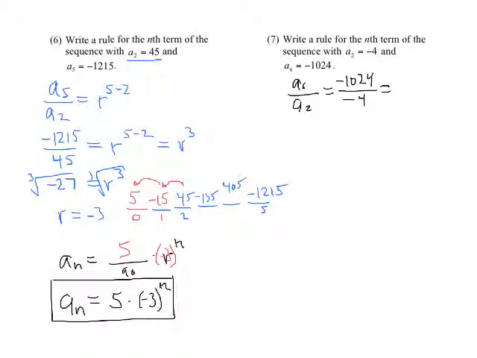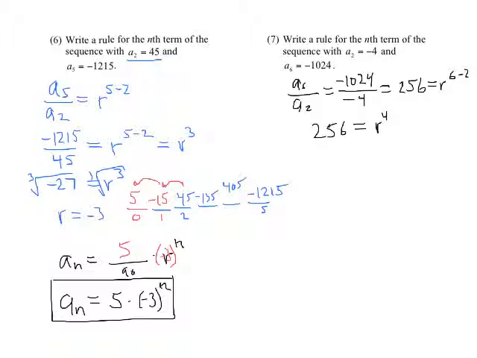That works out to 256. And the key is that that's equal to our ratio raised to the 6 minus 2 power. And 6 minus 2 is 4. And so 256 is equal to r to the 4th power.